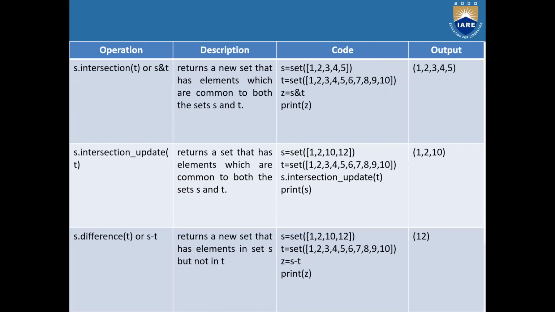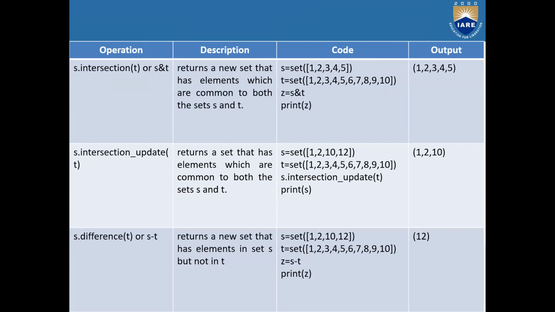What is the operator we are using for intersection? And. So whenever you are trying to perform intersection operation in between two sets, remember that it will be returning a new set. New set that has elements which are common to both the sets S and T.